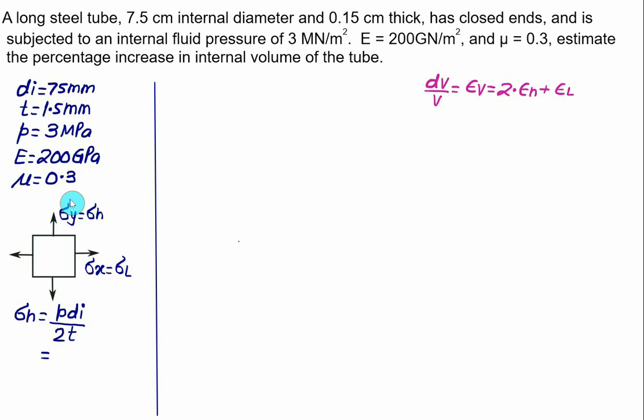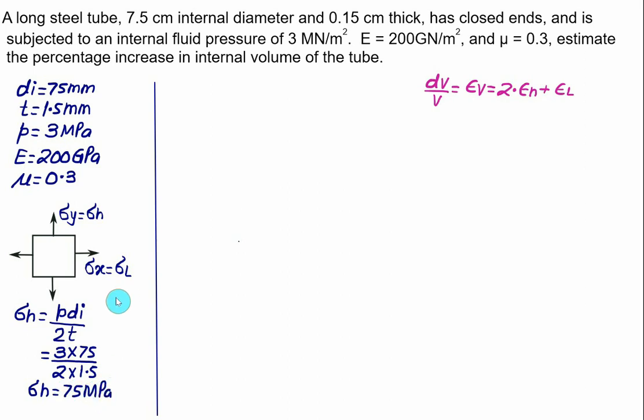Here the pressure is 3 megapascal, internal diameter 75, divided by 2 times the thickness, which is 1.5. So 3 and 3 will cancel, and the hoop stress is 75 megapascal.